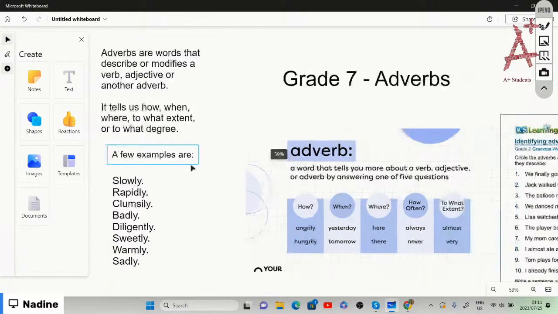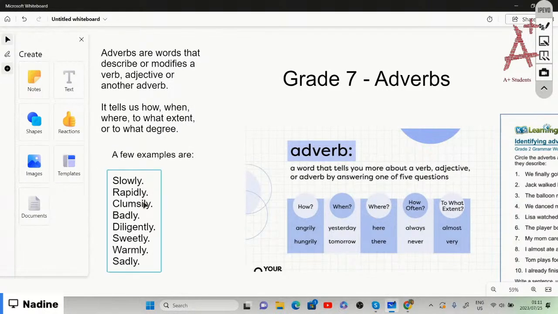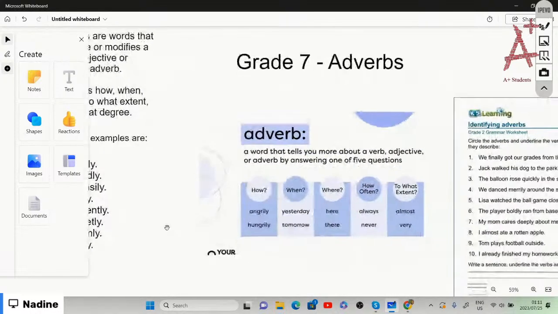And also a few examples of adverbs, specifically adverbs that tell us how: slowly, rapidly, clumsily, badly, diligently, sweetly, warmly, or sadly. And we said that most of the adverbs that tell us how end in ly.